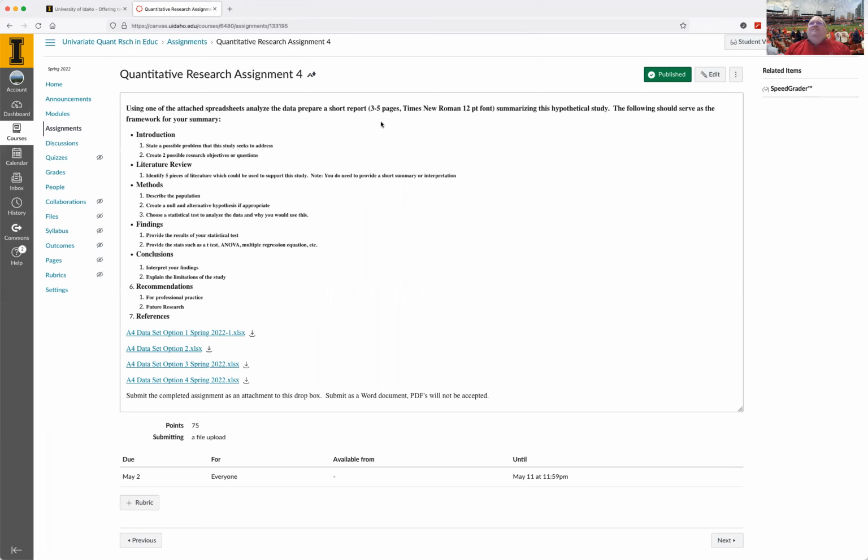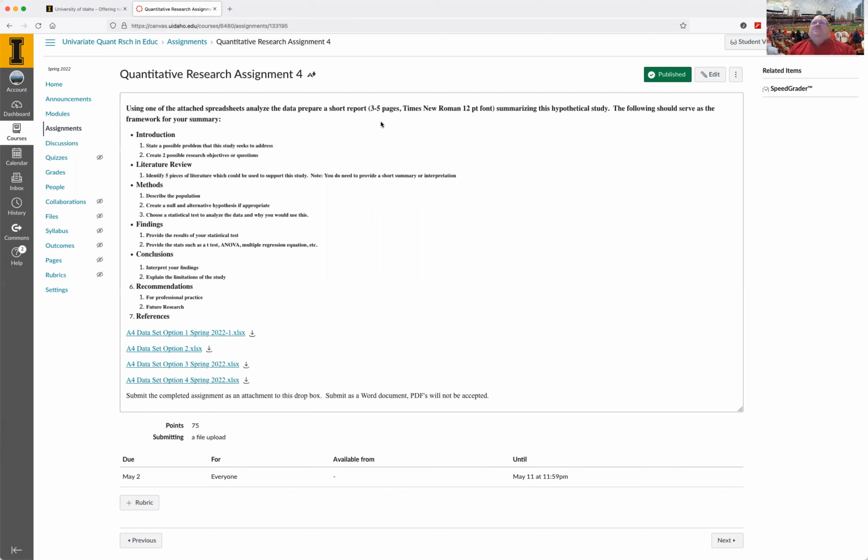Then provide your findings, the results of your statistical test, and provide your stats, and use the APA manual when you're formatting for reporting your statistical test. Then your conclusions, and I want you to interpret your findings. And this is where we're going to want you to explain the limitations of the study.